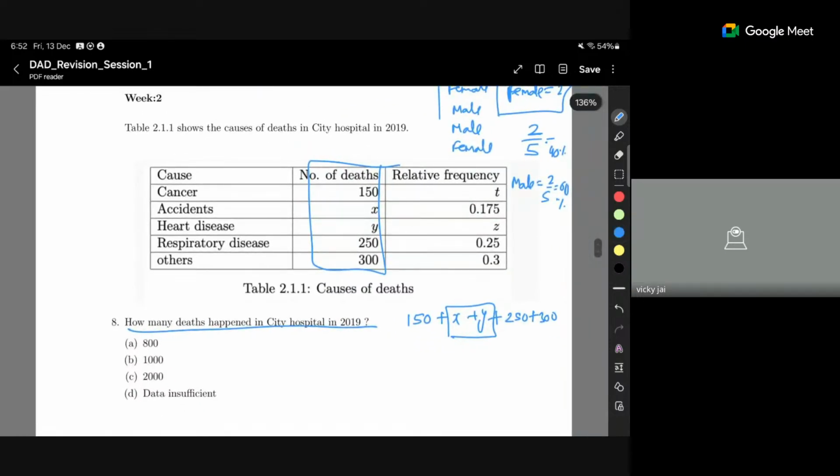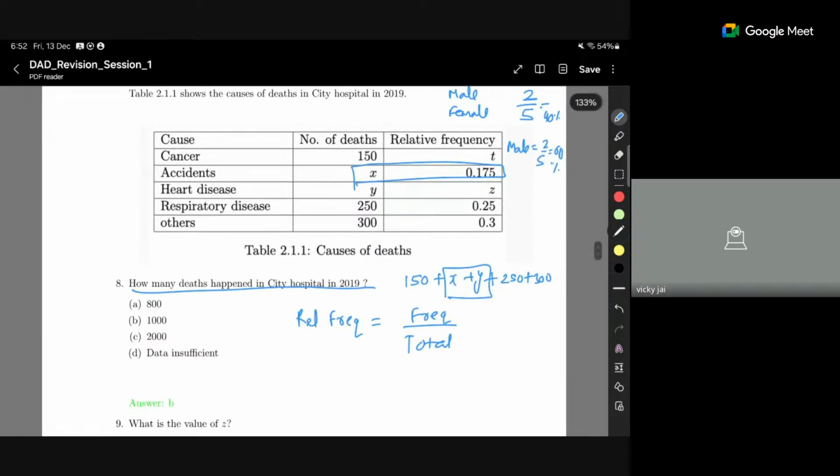What we know is that relative frequency is frequency divided by total. So if I take x, the relative frequency is given to me, correct?